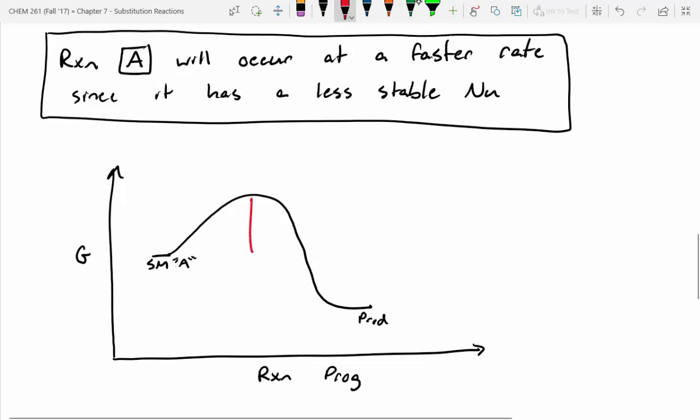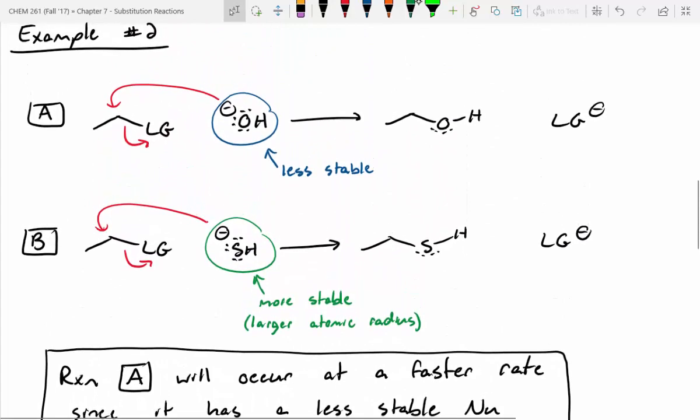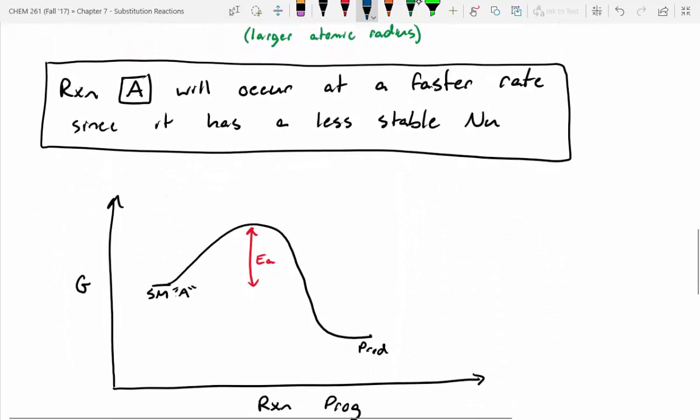So if we look at this, we've got this one hump right here. What do we call that again? Activation energy. Okay, so activation energy for that one makes sense. And then we said, looking at the starting materials for B, they're more stable, right? So let's take a look at B down here, and I'm going to do B with a blue line.